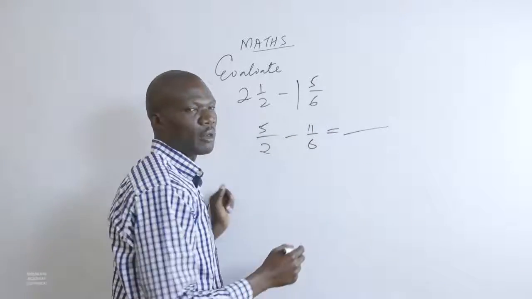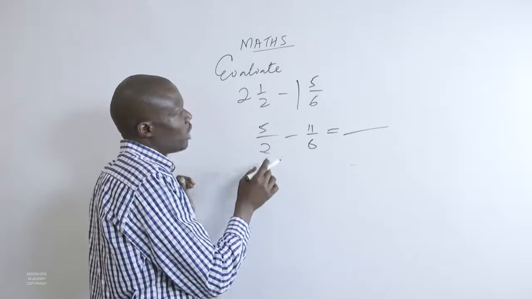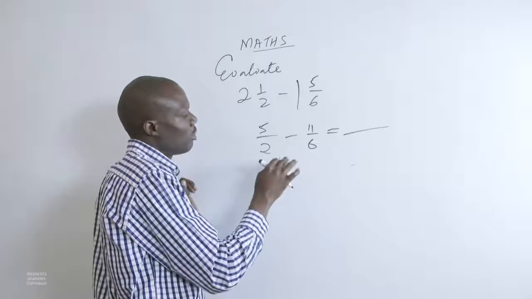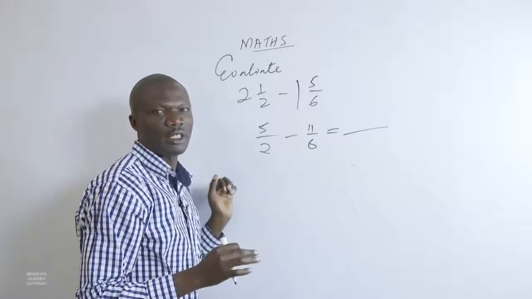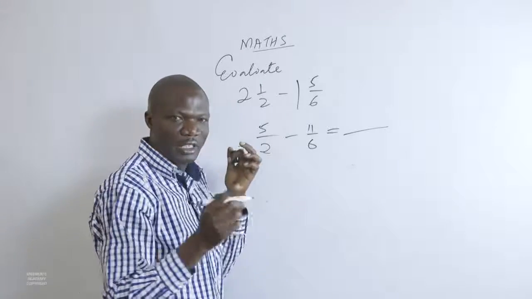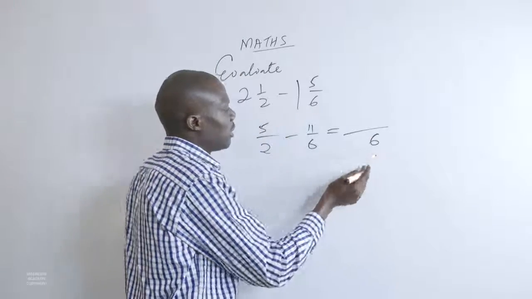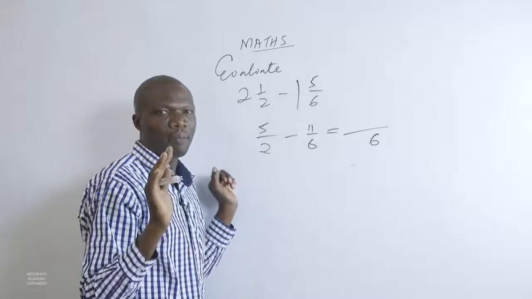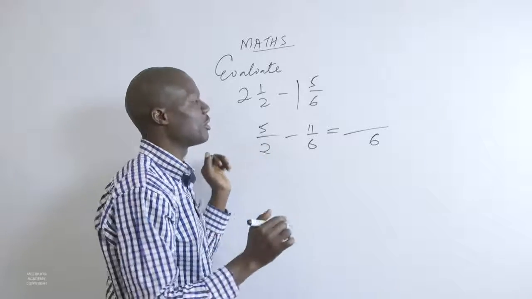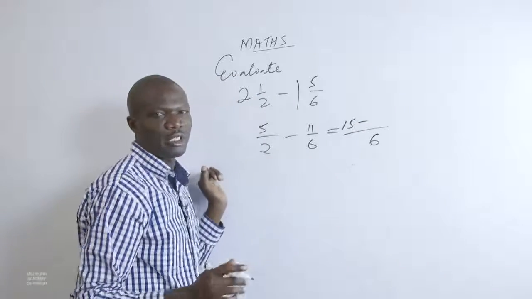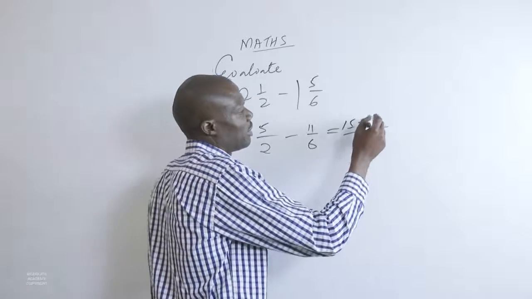This one gives us what? The denominator. What is the lowest common denominator or lowest common multiple of both 2 and 6? You'll find that they share the same lowest common multiple of 6. 6 divided by 2 is 3. 3 times 5 is 15. Minus, 6 divided by 6 is 1. Times 11 is 11.